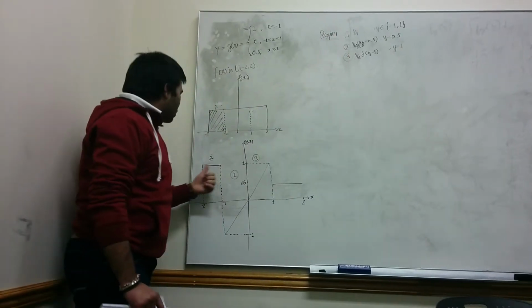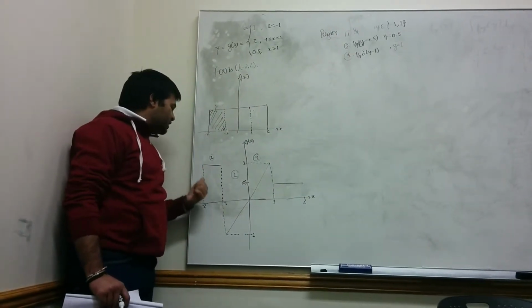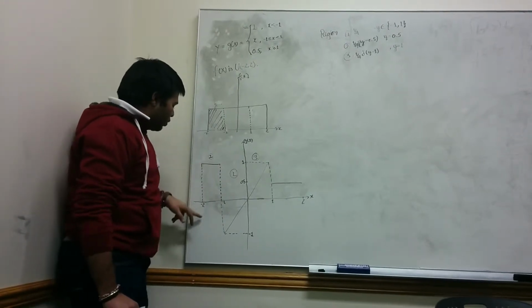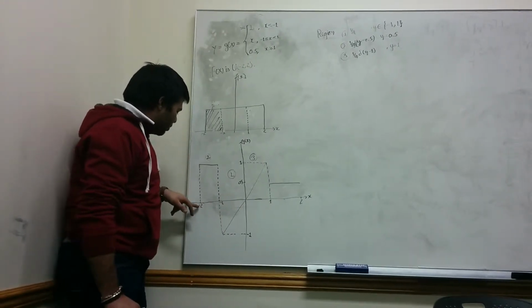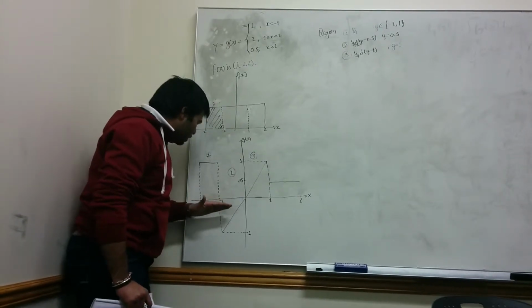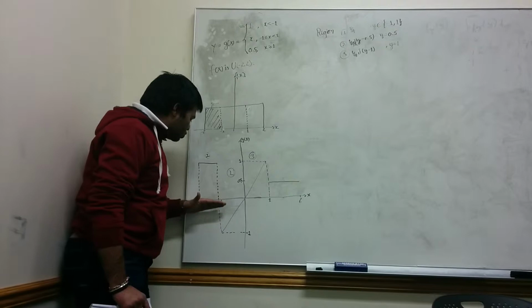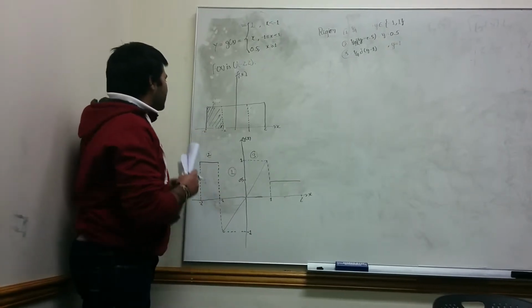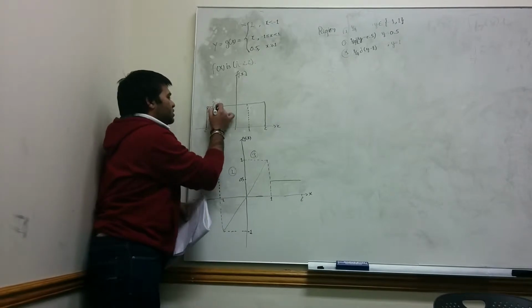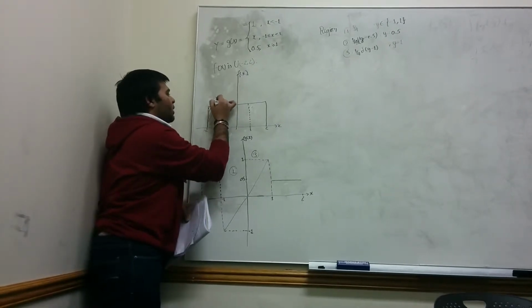Now we will move on to the next region. In this, the value of y is 1 for values of x varying from minus 2 to minus 1. While mapping these values of x from minus 2 to minus 1, we get this region, and the probability of this region is 1 by 4.